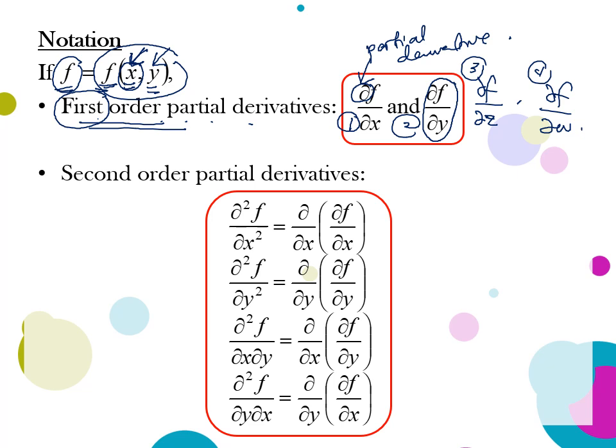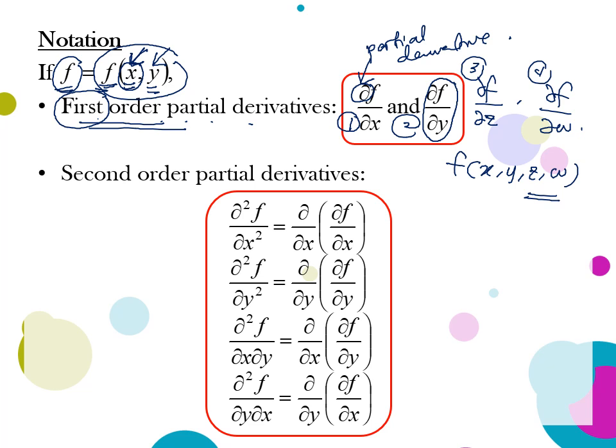So it is not restricted to only two variables, it can have more. But in EQT 101 you will just be tested on functions with two variables, so don't worry about the rest.